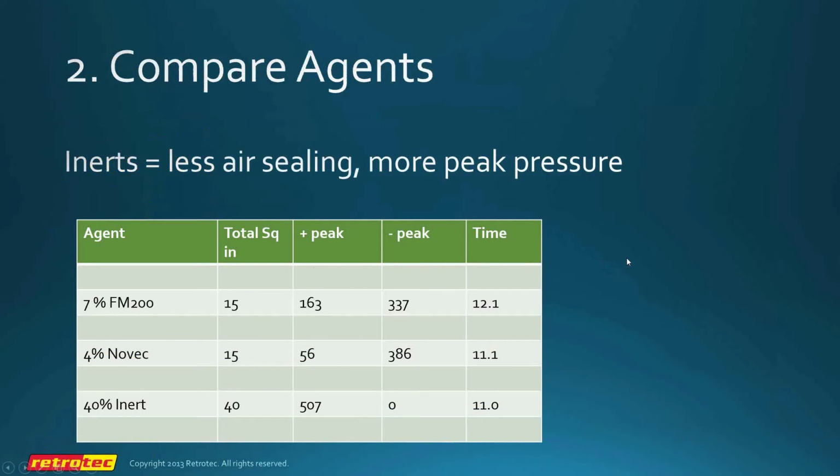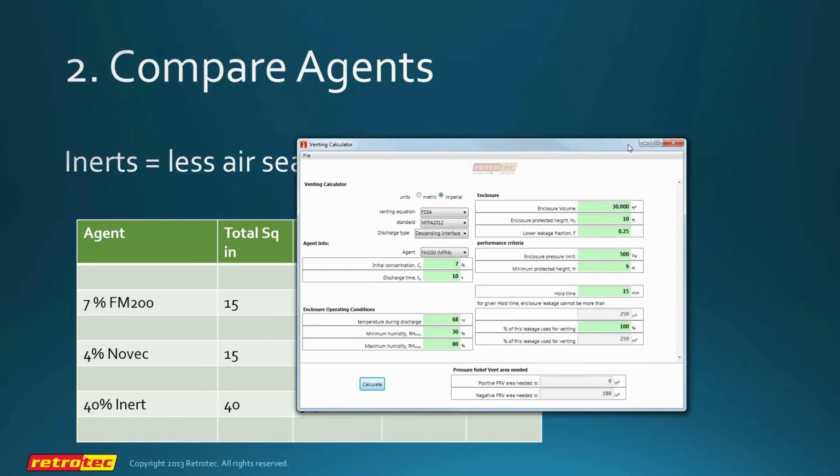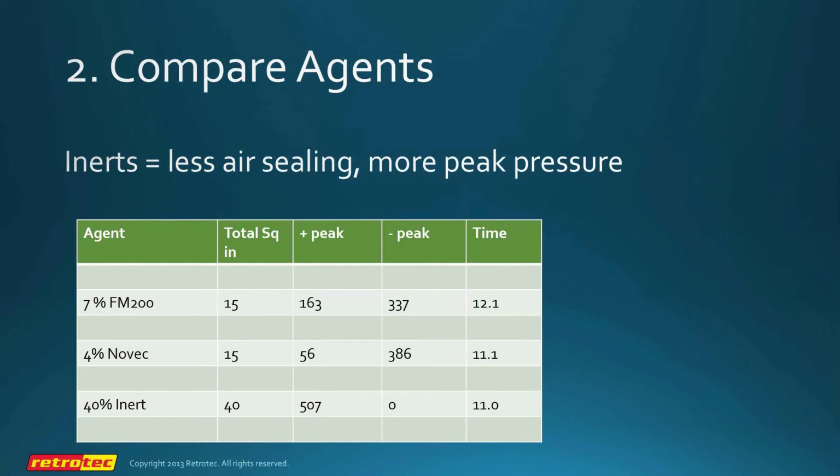The other design decision to be made is comparing agents, and using this calculator that I showed you earlier, we can throw in different agents and get an idea as to what size of vents the different agents would require. There is a distinct difference between inerts and halocarbons, and they will actually produce roughly about the same pressure, but halocarbons require a tighter enclosure.